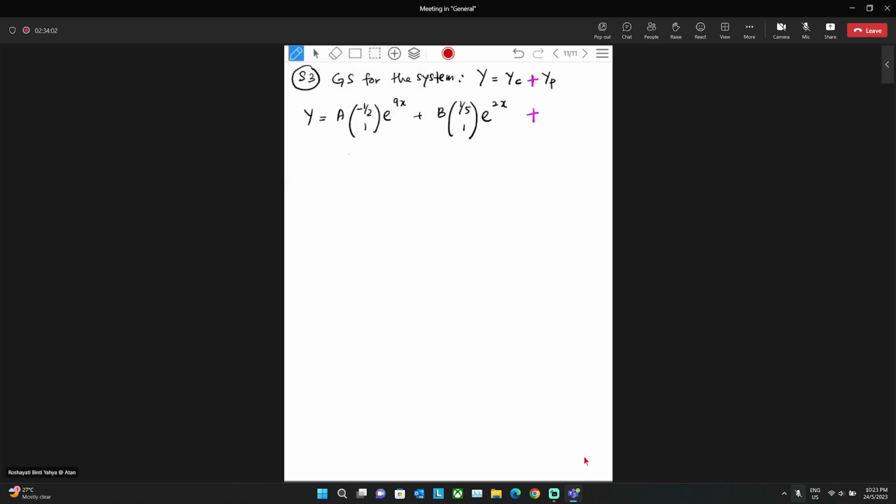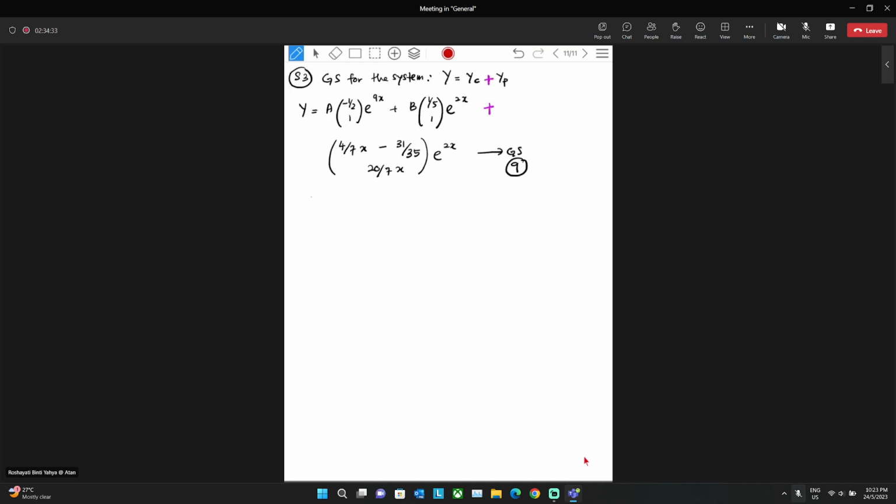Just now, yp is 4 over 7x minus 31 over 35, 20 over 7x, exponential 2x. So this is the general solution, step number 3, and then the last step.